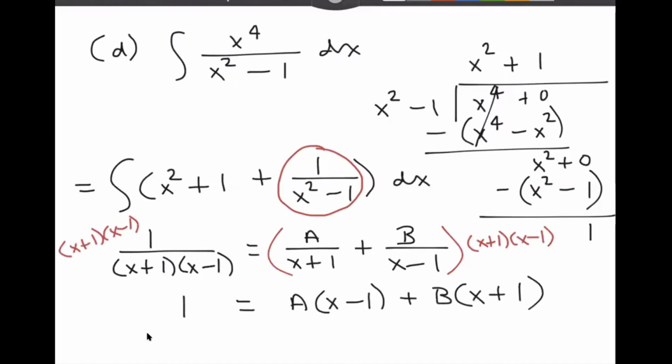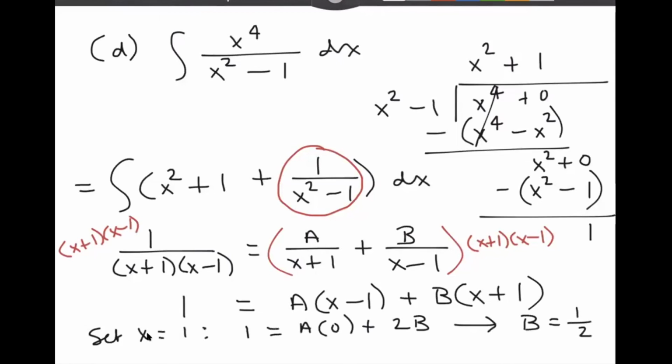If I set x equal to 1, it's going to give me 1 equals a times 0 plus 2b, which means b is 1/2. And if I set x equal to -1, it's going to give me 1 equals -2a plus 0, which means a is -1/2.